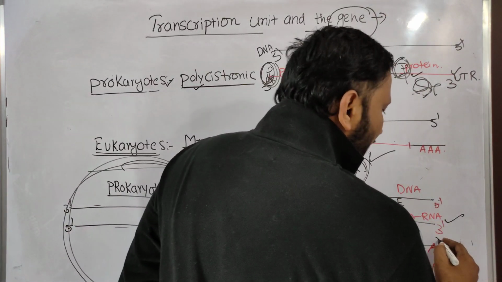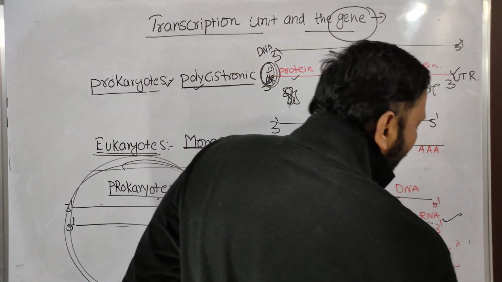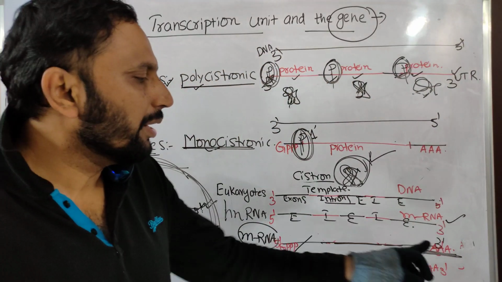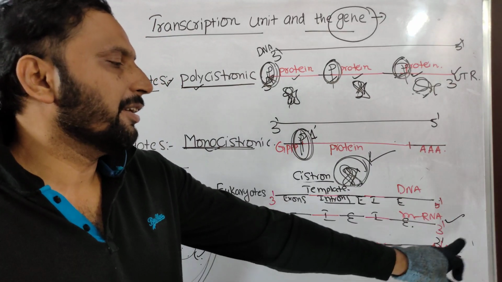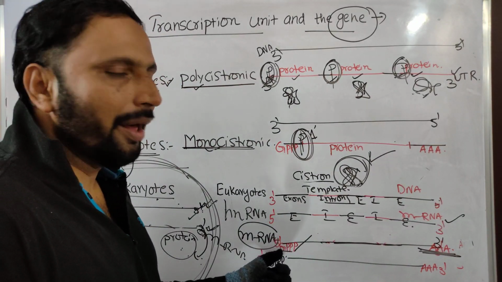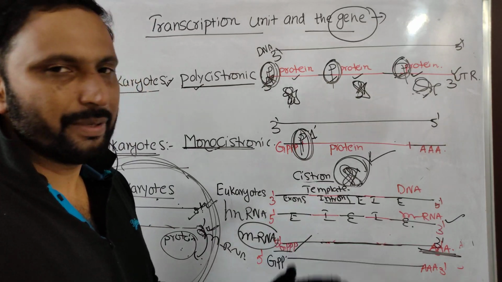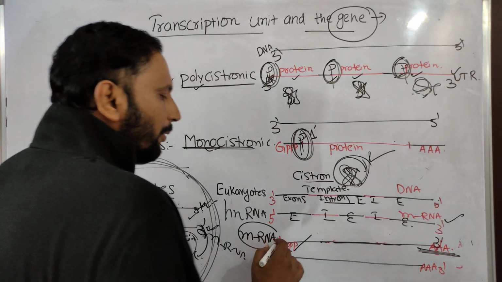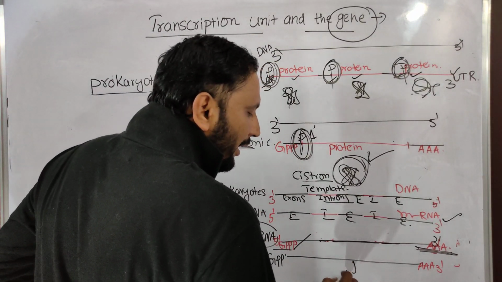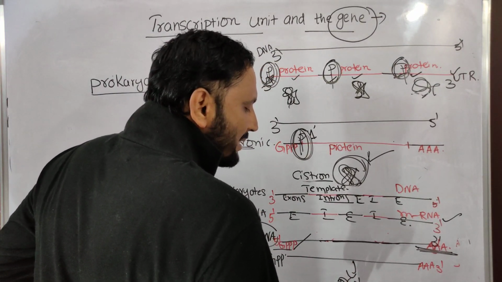Whereas at the 3 prime end, adenosine nucleotides, about 200 to 300 nucleotides, are added. At the 5 prime end, guanine triphosphate is added. Like that, the complete mRNA is formed, and that mRNA is involved in protein synthesis.